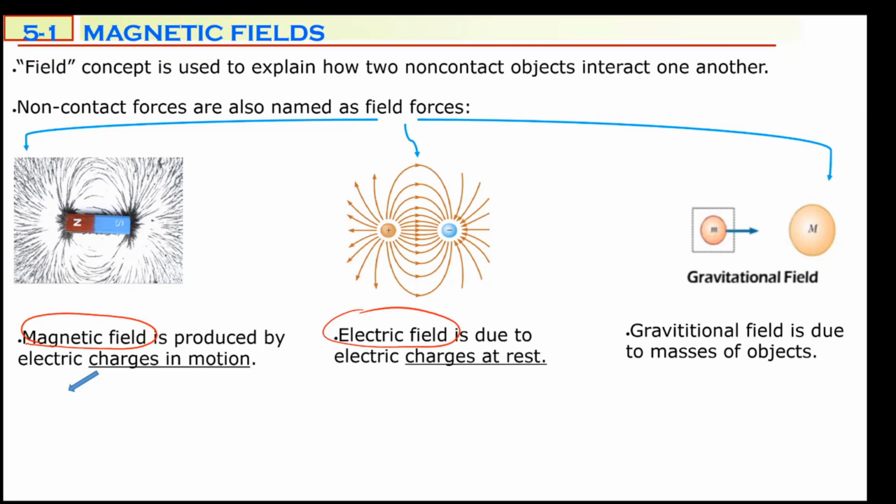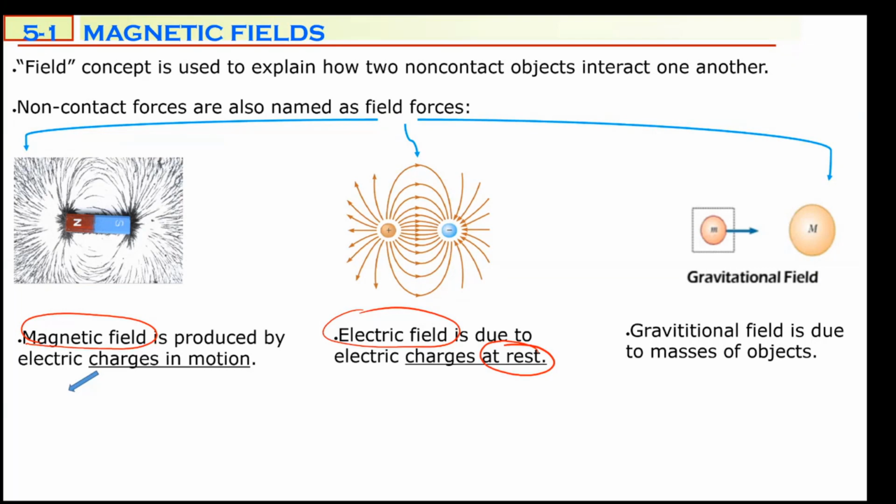But the electric field, as you learned in the 11th grade, is produced by electric charges which are at rest. This is the key. If some charge resides on the surface of a material, an electric field forms around this material. The electric field is due to electric charges which are at rest. However, the magnetic field is not like this.